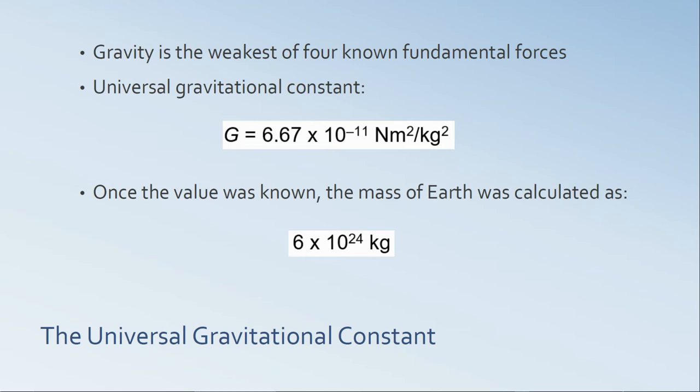But once scientists had figured out the universal constant G, then it was quite easy to do calculations to figure out what is the mass of the Earth. And we got a mass of 6 times 10 to the 24th kilograms. So that's 6 followed by 24 zeros. That's a huge number. So you can see the Earth is quite massive compared to, say, us.